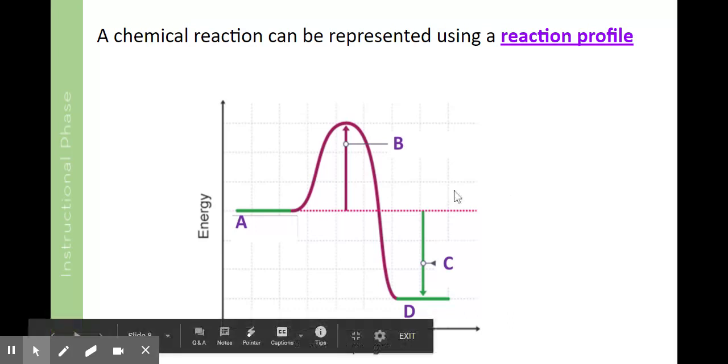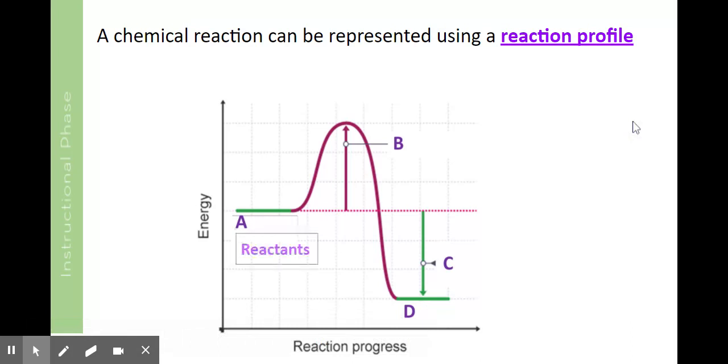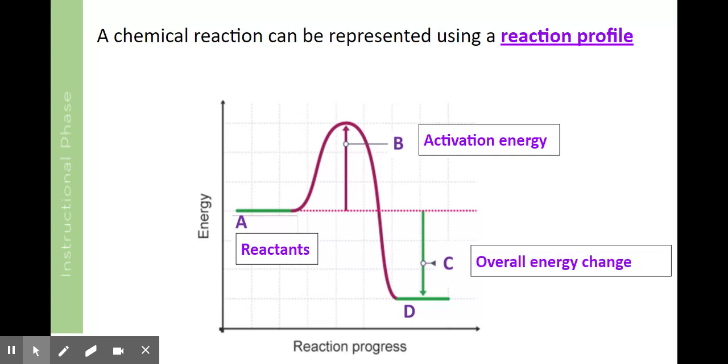Now, C shows the total change in energy from the reactants to the products. So A, just to recap, shows the reactants in a reaction. B shows the activation energy. C shows the overall energy change. And D shows the energy in the products.